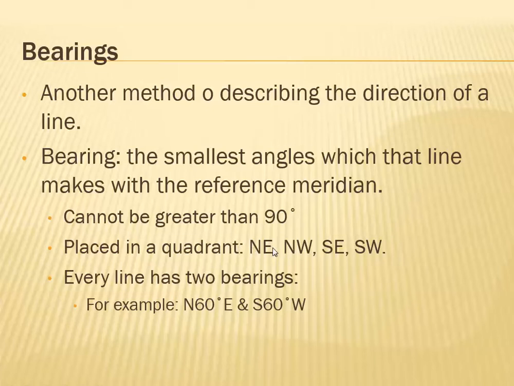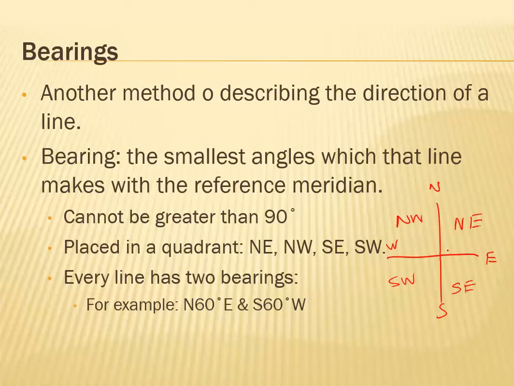Your northeast, northwest, southeast, southwest. So if you have north, south, east, and west, this is my northeast quadrant, my southeast quadrant, my southwest quadrant, and my northwest quadrant. So that's how that works.